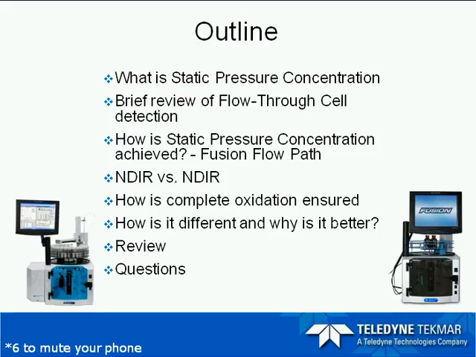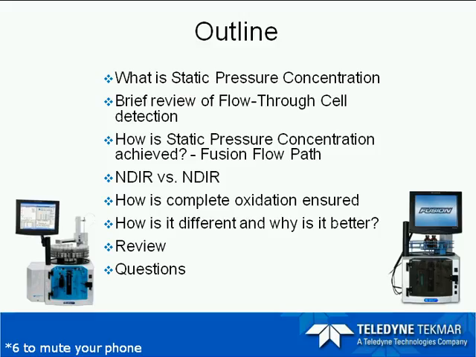Let's continue here, and then we'll talk about how do we ensure that complete oxidation has occurred, and that's a central point, because without that we can't assure that we're getting correct results. And so we're going to show you SPC, how it's done, and how we've assured through our studies that oxidation has been completed.